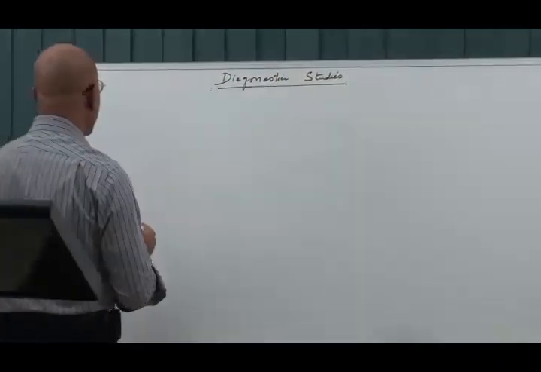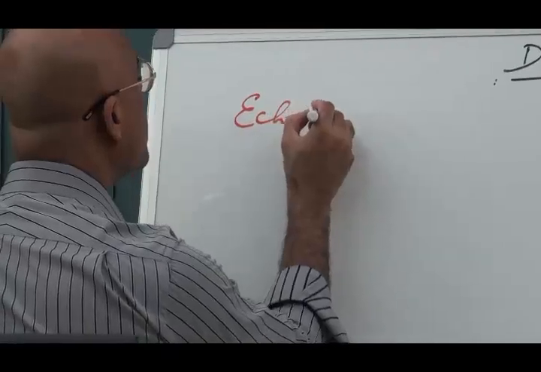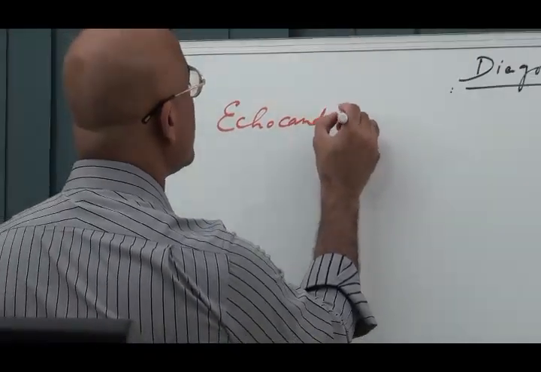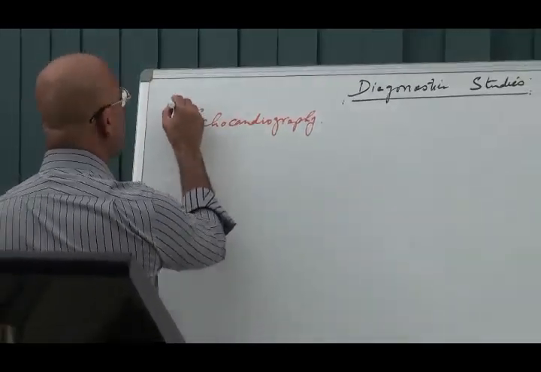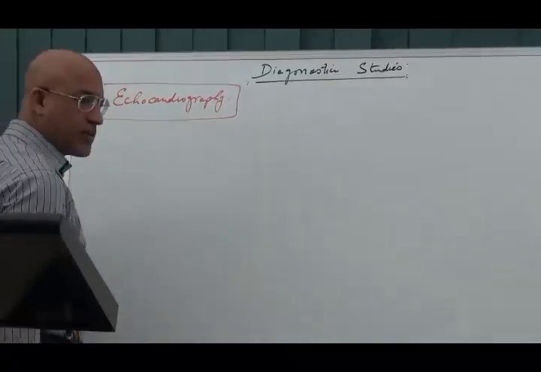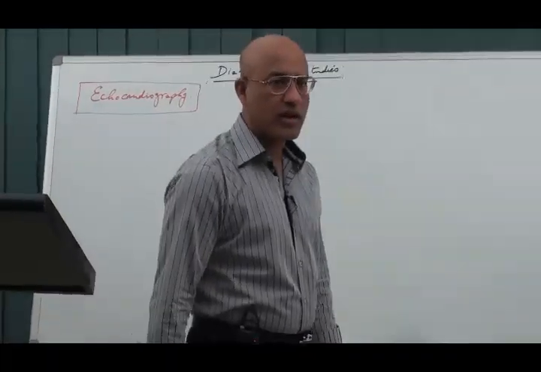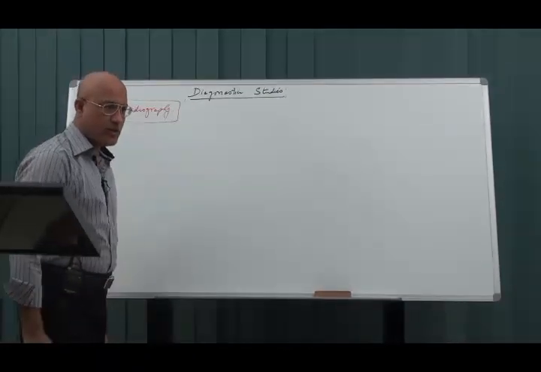That is echocardiography. As I told you in the beginning that true diagnosis of cardiac tamponade is clinical, but you can confirm or reject the clinical diagnosis by the echocardiography.